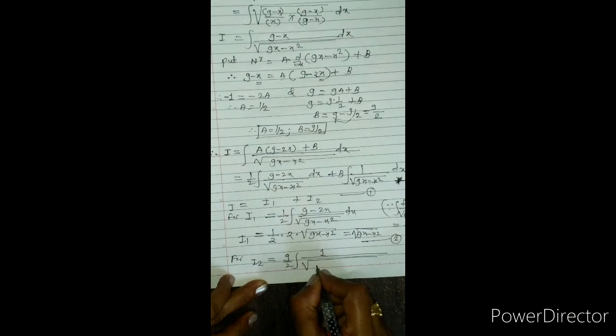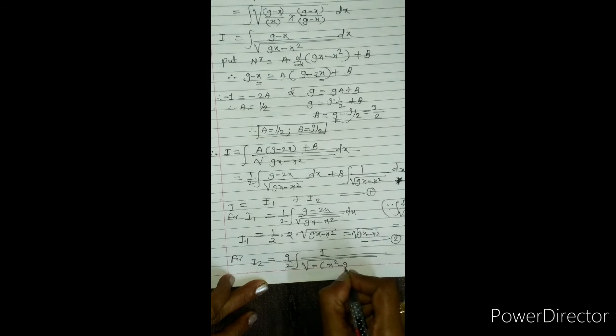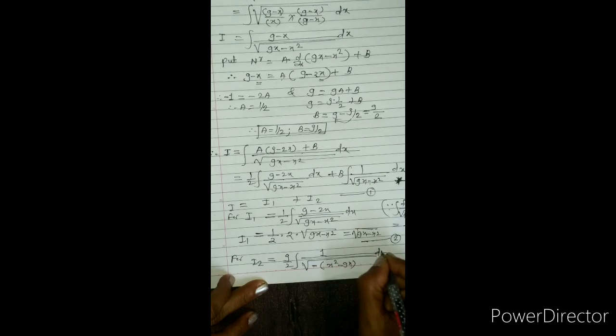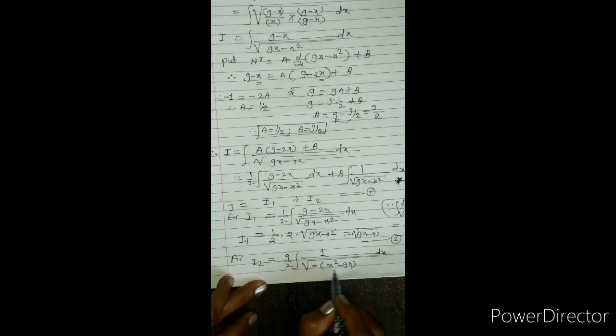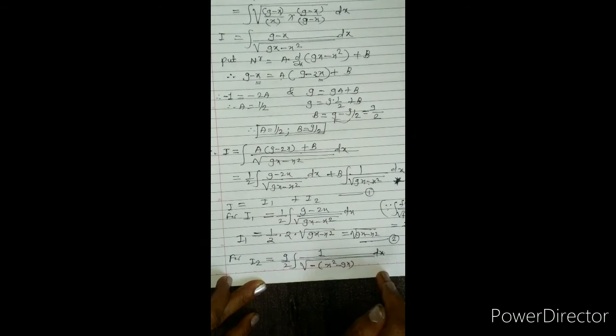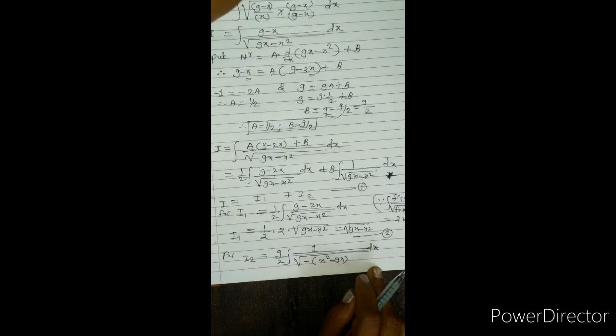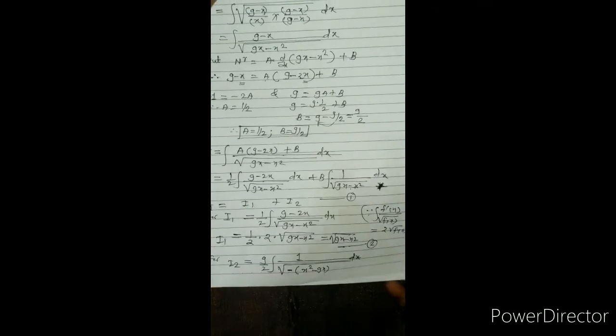It is negative, so we take the minus sign as common, x square minus 9x. That is the first step for the integral. Now for this we can take the addition of a third term. The coefficient of the middle term is 9, so here the third term is an adjustment.